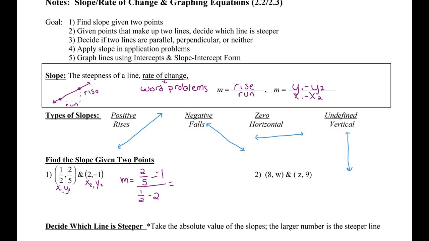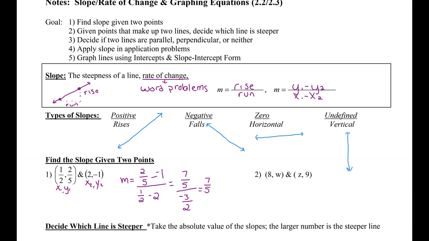If I simplify this, the numerator becomes 7 over 5. The denominator becomes negative 3 over 2. If I'm trying to simplify by hand, we then need to remember that in order to simplify a fraction being divided by a fraction, we will first unstack it.